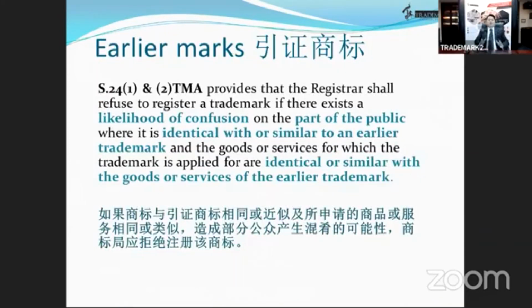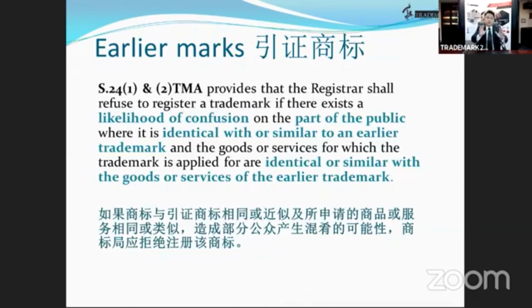Section 24(1) and (2) of the Trademark Act provides that the registrar shall refuse to register a trademark if there is a likelihood of confusion on the part of the public consumer, where there is an identical or similar earlier trademark designated for similar or identical goods or services.